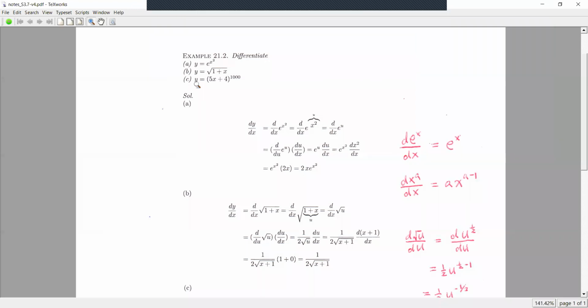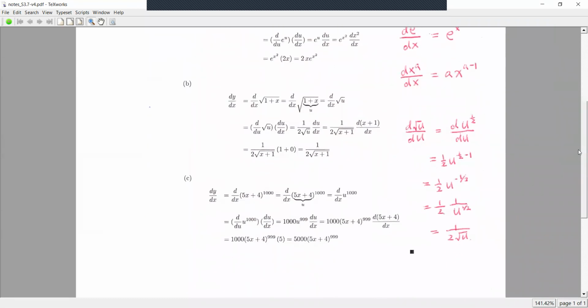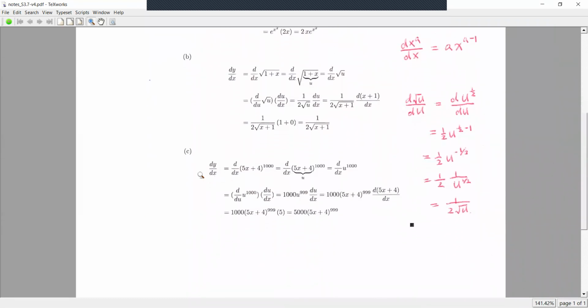Part C. Compute the derivative of this function. Take derivative on the function y with respect to x. Replace y by the function. Then I have this equation. The function is a power function.